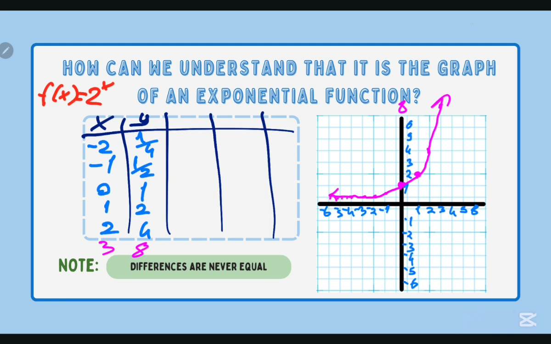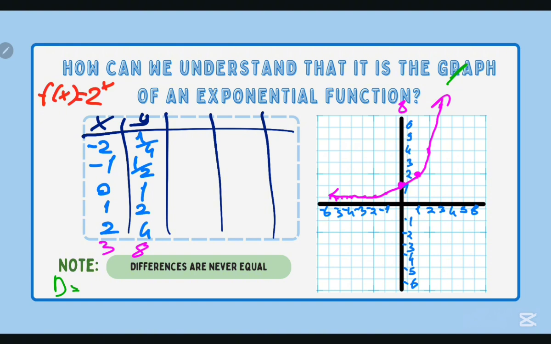We can also write the graph's domain and range. Domain is the x values. The graph can take every x value. It continues up and down.